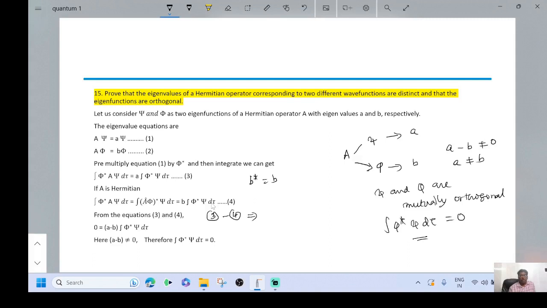Here a minus b is not equal to 0 because a and b are different. Therefore ∫φ*ψ dτ equals 0. If ∫φ*ψ dτ equals 0, then φ and ψ are mutually orthogonal.